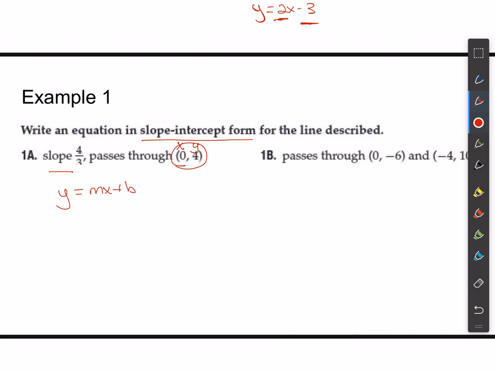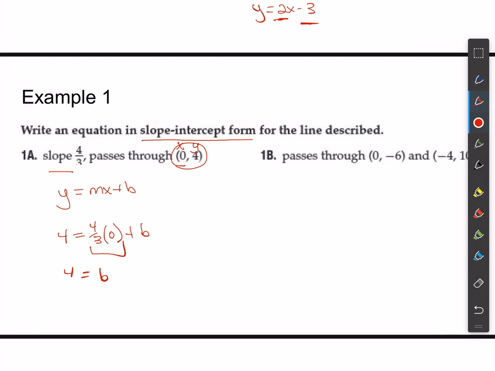So I'm going to plug those things in. The y value that is given to me is 4. So 4 equals, slope is 4/3, 4/3 times x, 0, plus b. I'm going to plug those things in and solve for b. Luckily, this thing just goes to 0, so I'm just left with b is equal to 4.